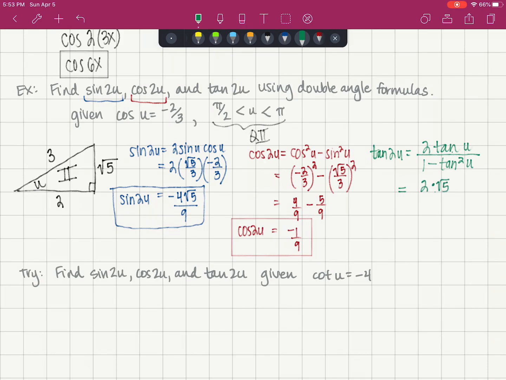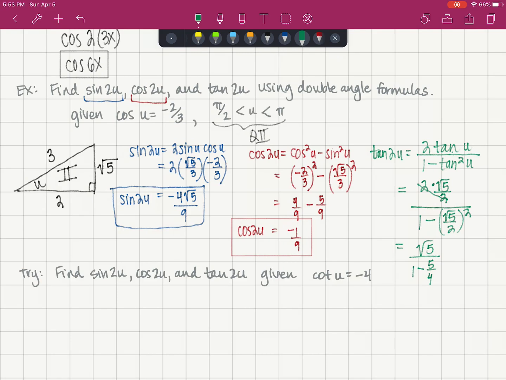The tangent of u is going to be opposite over adjacent. So 2 times the square root of 5 over 2, that's my numerator, over 1 minus the tangent, which is still the square root of 5 over 2, but I'm going to square it. So the 2's cancel out in the numerator, and I have the square root of 5.